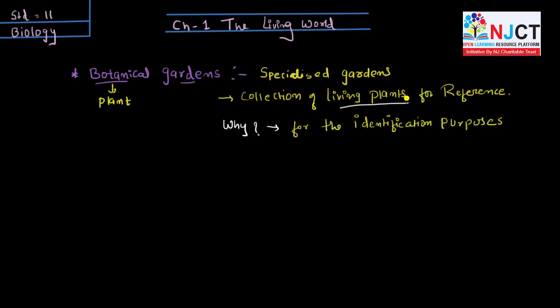You went to a garden near whatever area you have, right? You have seen gardens, like normal gardens. This is kind of exciting, but why are they calling it a specialized garden? Because here they are collecting living plants, which is also very common. In all gardens you are going to see living plants only. But what is the difference? It is for a reference purpose.